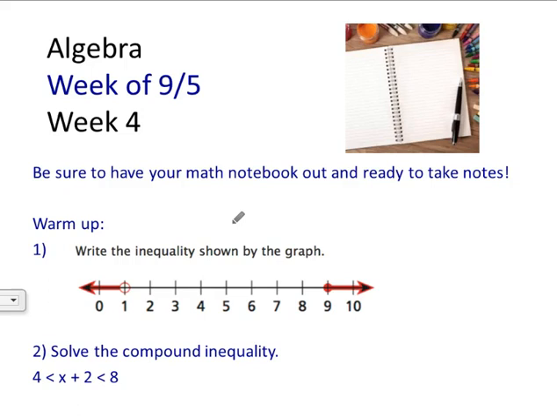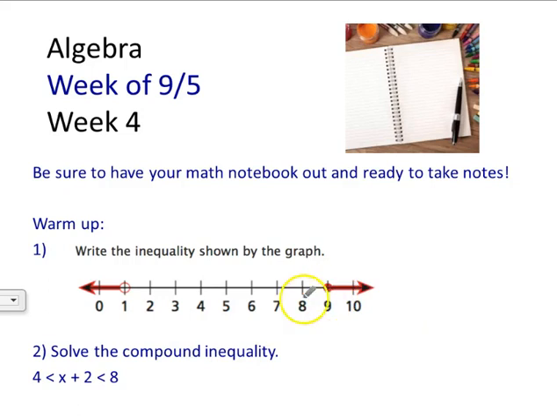So remember, you guys have the option of clicking on the pause to pause the recording so that you can try this warm-up question and other questions that I do throughout this recording. You always got that option of clicking pause and trying something on your own first. So there are 2 warm-up questions. The first one is you're going to write an inequality based on this graph right here.